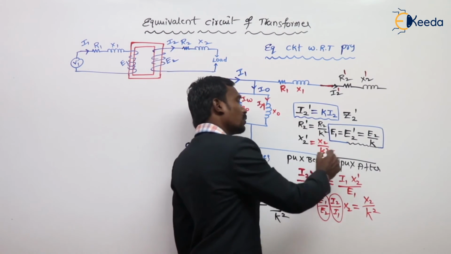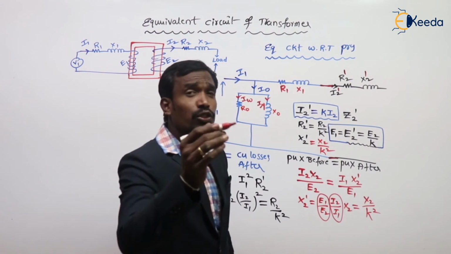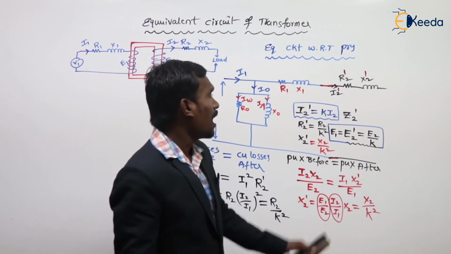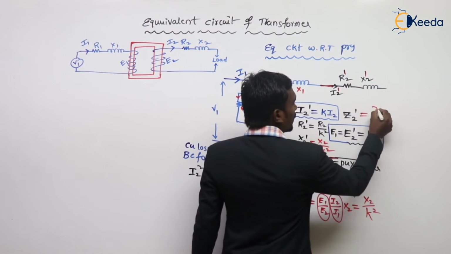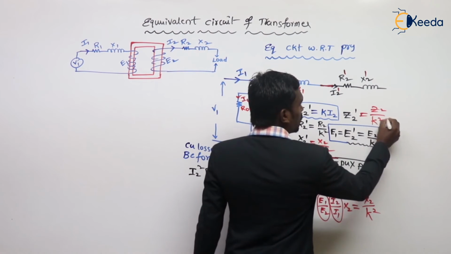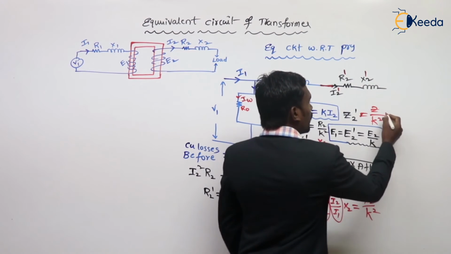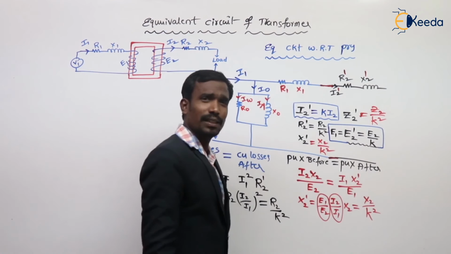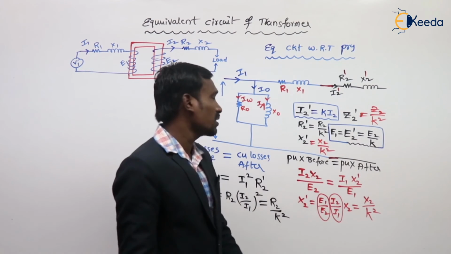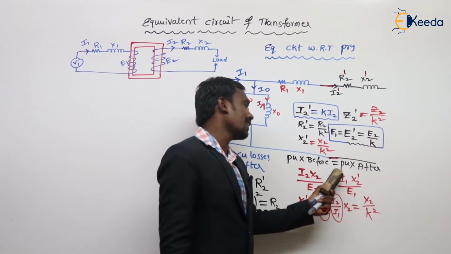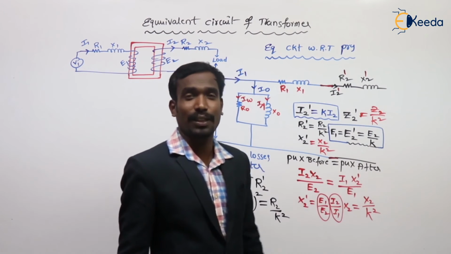Very important: R2 dash is equal to R2 by K square, X2 dash is equal to X2 by K square. And next Z2 dash, we know directly Z2 dash is equal to Z2 by K square as usual, because per unit impedance before transformation is equal to per unit impedance after transformation.